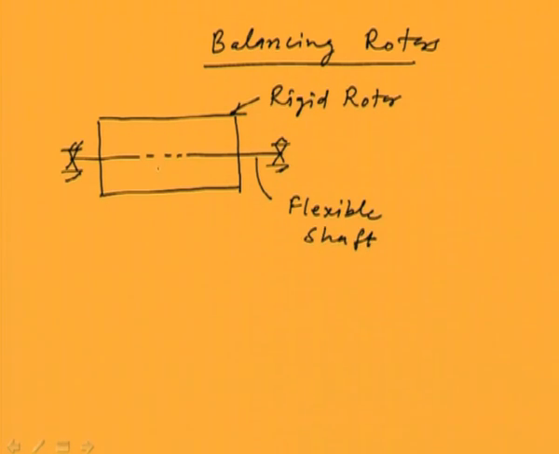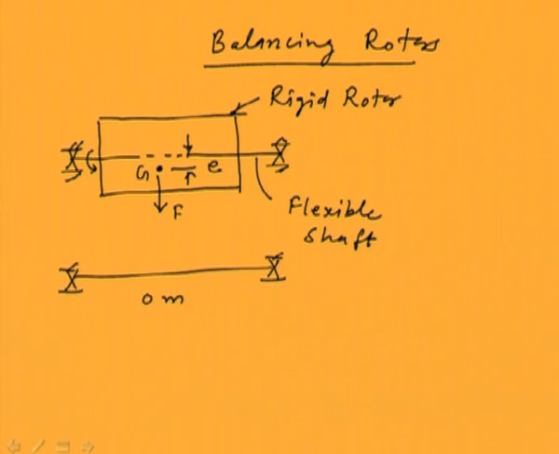Now if the center of gravity of the rotor is somewhere here, offset by E, then when this shaft rotates, we will have a centrifugal force acting outward, and this can be represented in a simple line diagram like this.